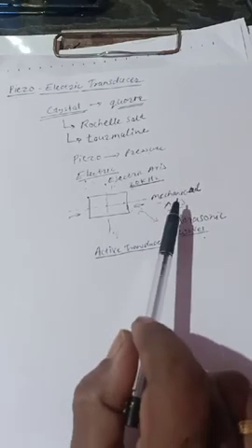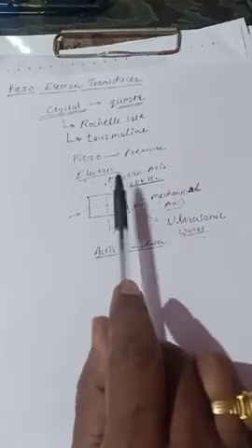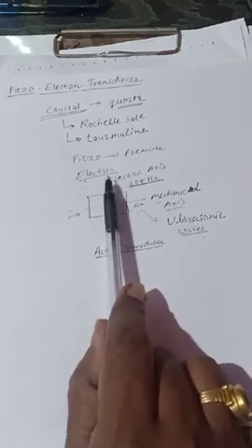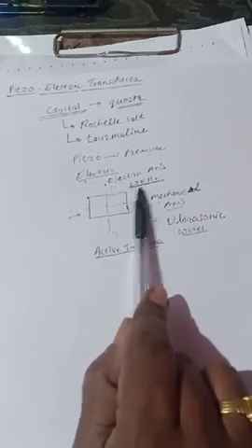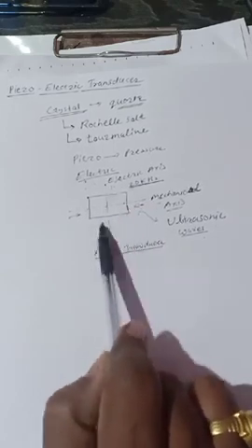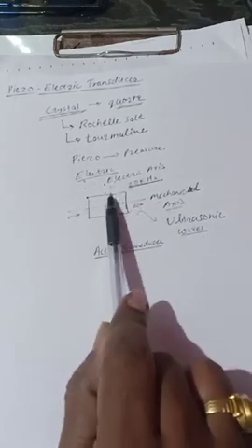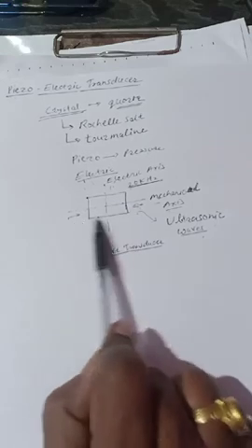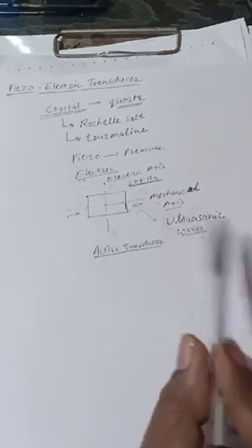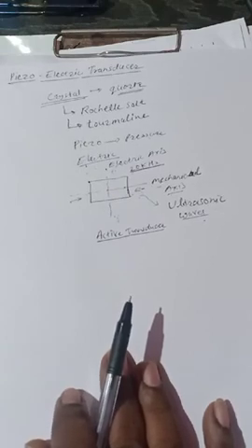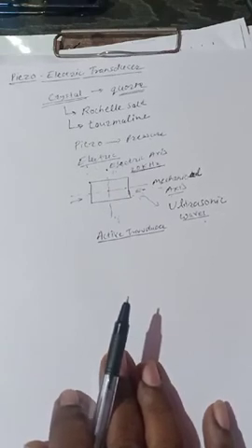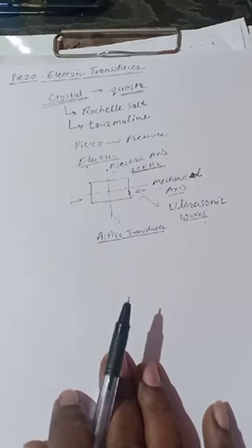And if we apply AC frequency beyond 20 kilohertz across these two plates, it generates ultrasonic waves. This is the piezoelectric property used in the piezoelectric transducer.